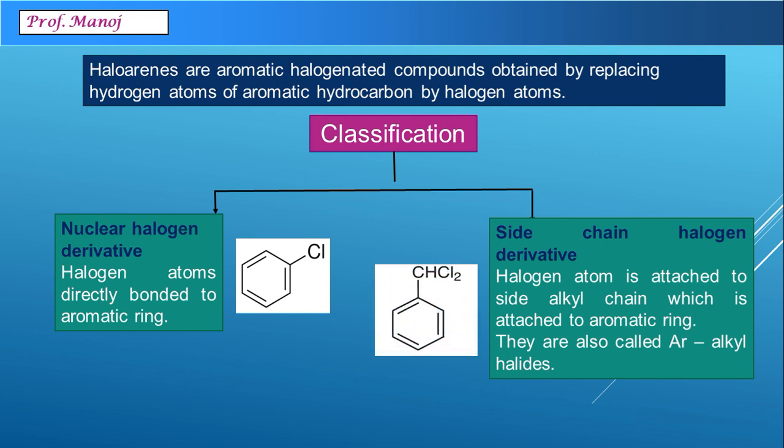Here we can see that the benzene ring is connected to one carbon atom and two chlorine atoms are connected to it, but not to the benzene ring directly. These are also known technically as Ar-alkyl halides, where Ar indicates aromatic ring.